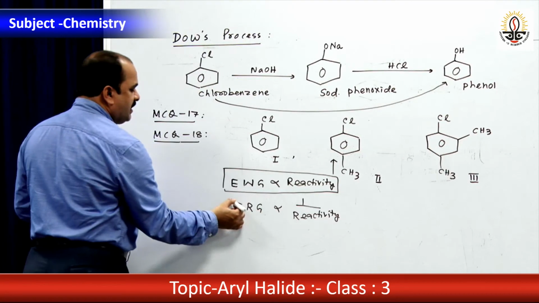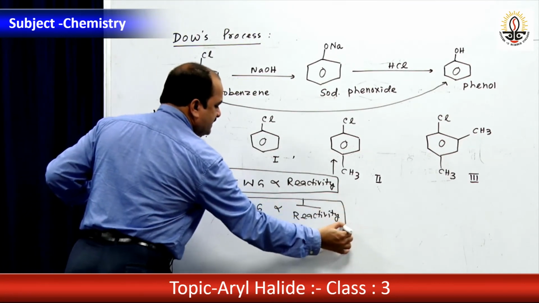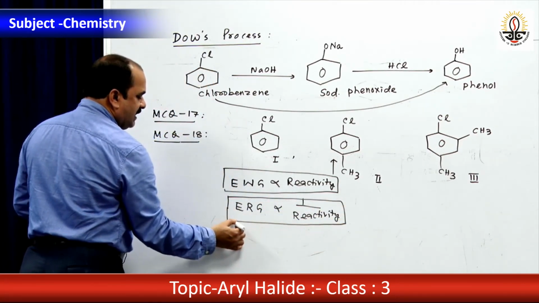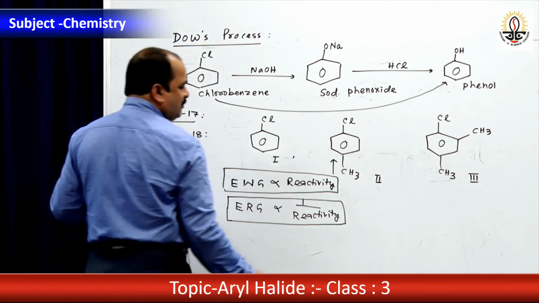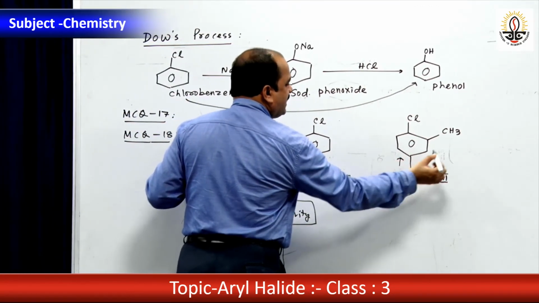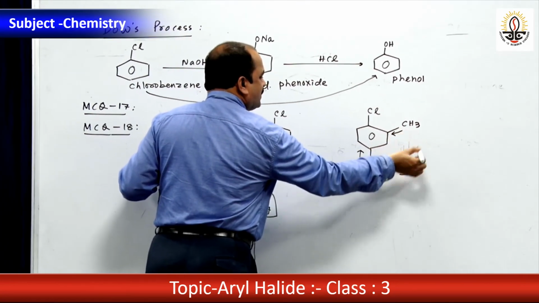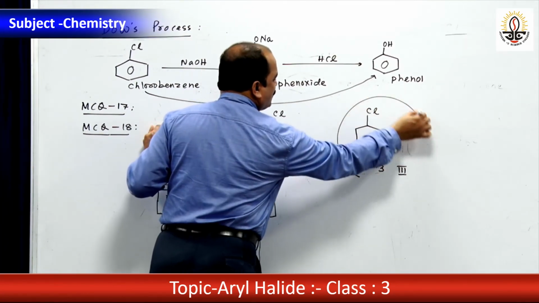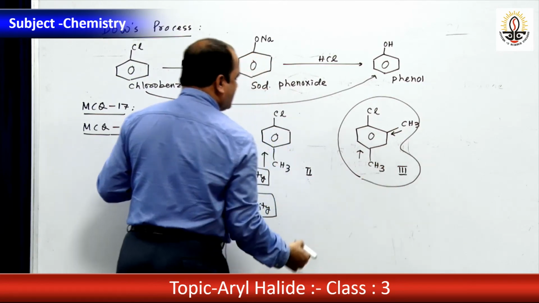The presence of electron releasing groups decreases the reactivity of aryl halide substitution. So due to the presence of 2 methyl groups in option 3, which are electron releasing groups, this shows a very slow reaction.